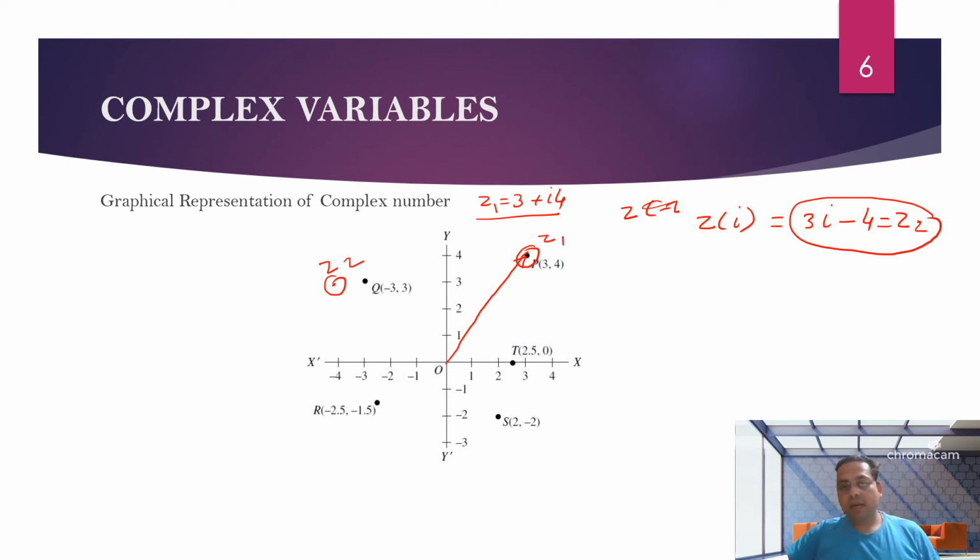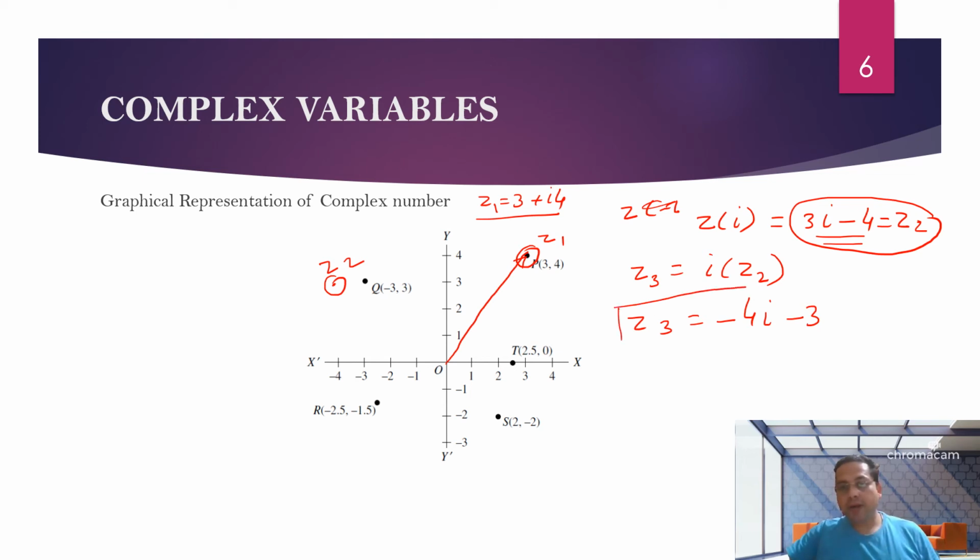Again, if we multiply z3 is equal to iota into z2, then multiplying this term with iota, we have minus 4 iota minus 3, since iota square is equal to minus 1.